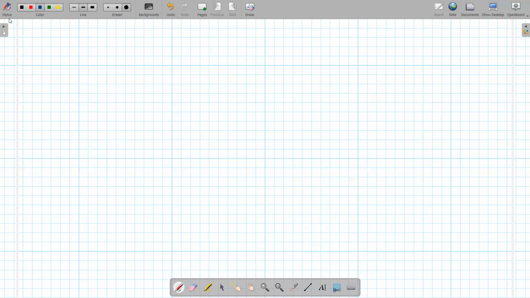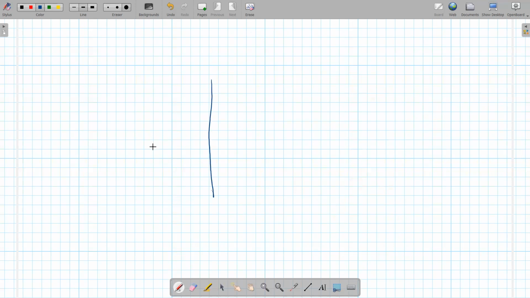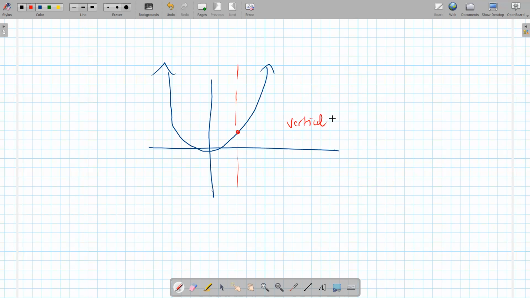And to determine whether something is a function or not, the vertical line test determines whether f of x is a function, but now there's something else. This is called the horizontal line test. The horizontal line test tells you whether f inverse of x, the inverse of this, is a function or not.